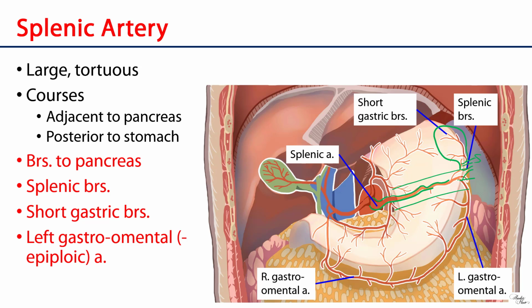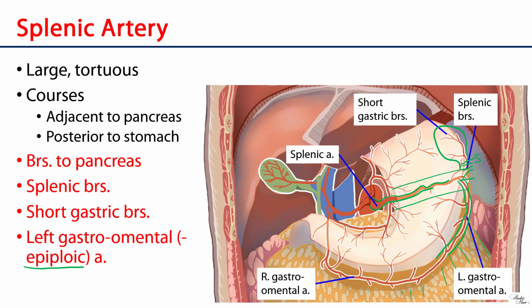And then another very large branch called the left gastro-omental branch, also known as the gastroepiploic branch. This is going to serve the anterior and posterior portions of the stomach along the greater curvature of the stomach, as well as the gastrocolic ligament or the omental apron.